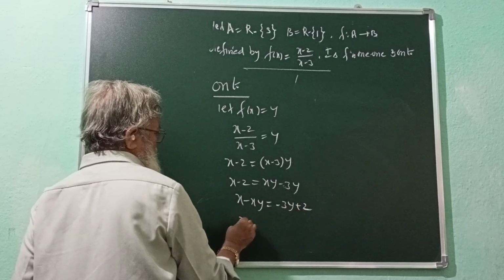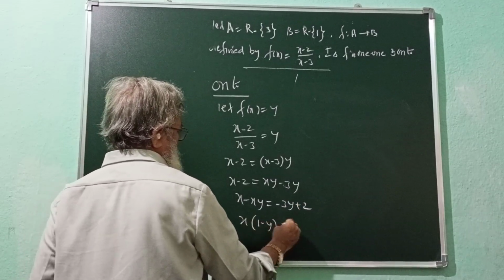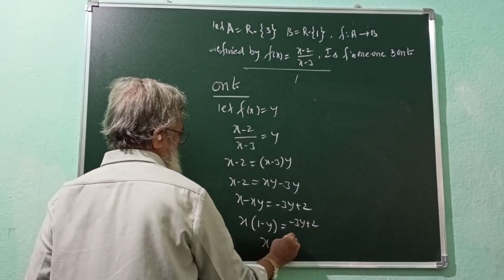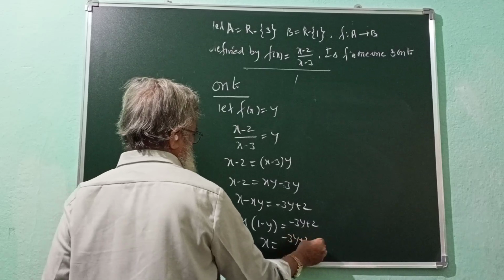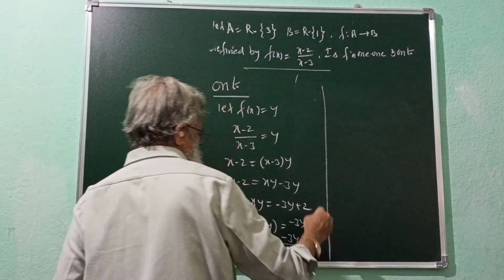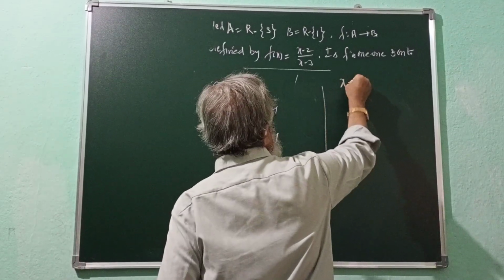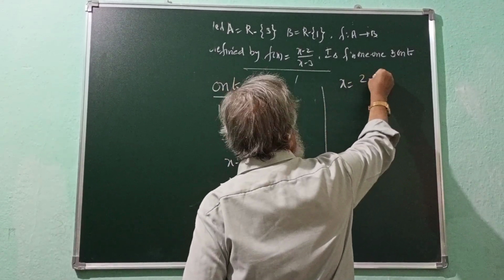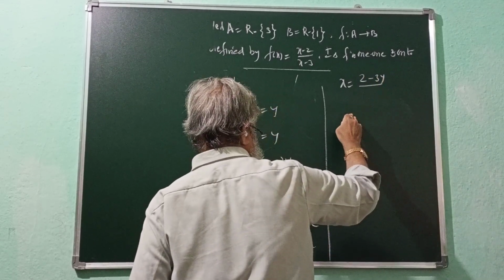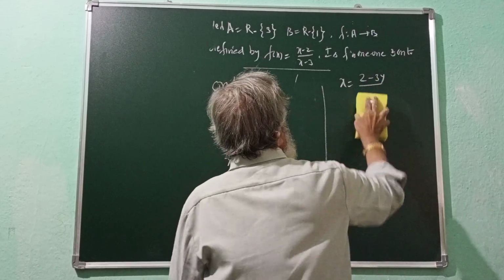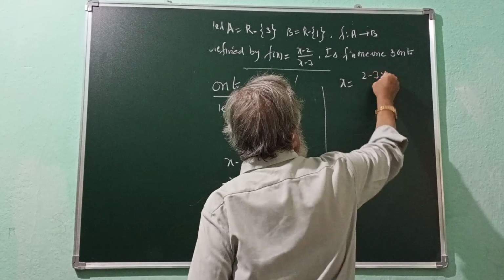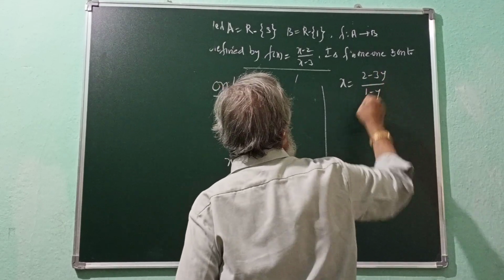We can take x common. x into (1 minus y) is equal to minus 3y plus 2, or x is equal to (minus 3y plus 2) by (1 minus y). Now you see, we can write that x is equal to (2 minus 3y) by (1 minus y).